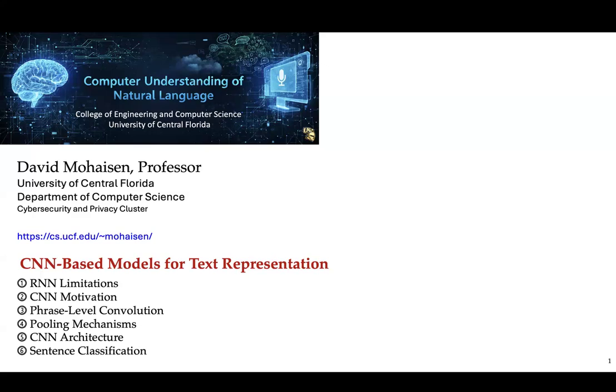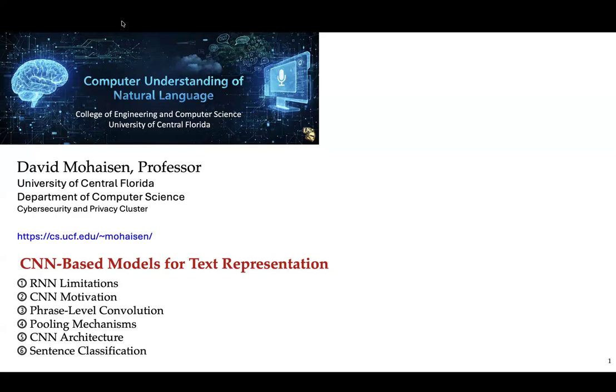This is what the outline will look like. We'll talk about the limitations of RNN. CNN, as I said, is not by design for language. It is by design for image data. It can be used to extract features from images, and they preserve the spatial characteristics of a given input. So they're not really designed for languages.